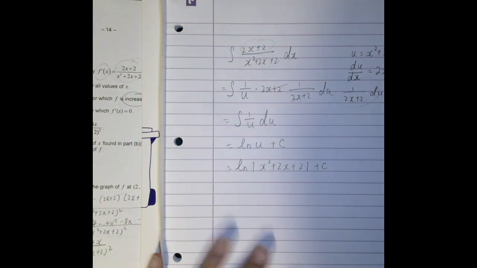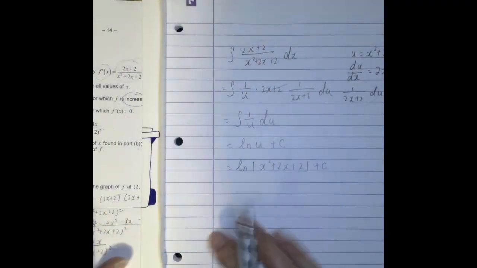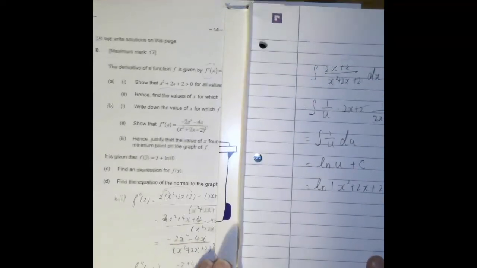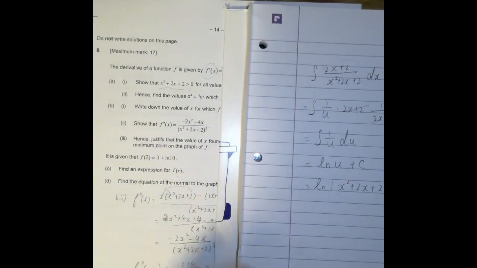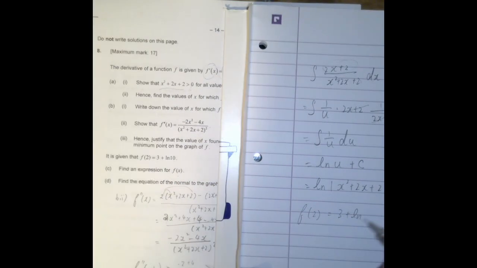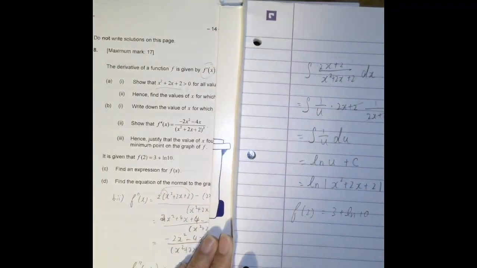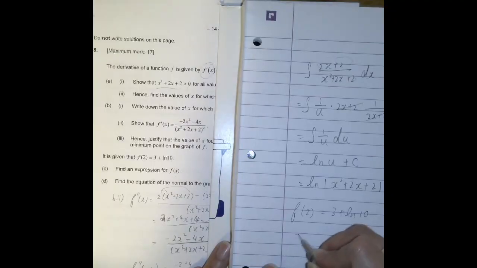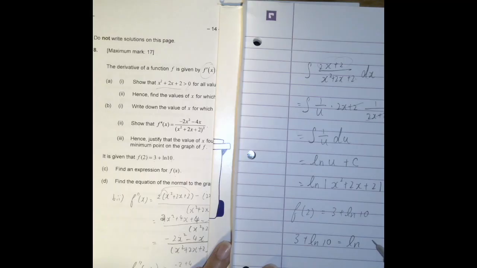All right. And now we need to find c. We were given that f(2) equals this. So f(2) equals 3 plus ln 10, which means we have to plug that in. So we have 3 plus ln 10 equals ln(4 + 4 + 2) plus c.